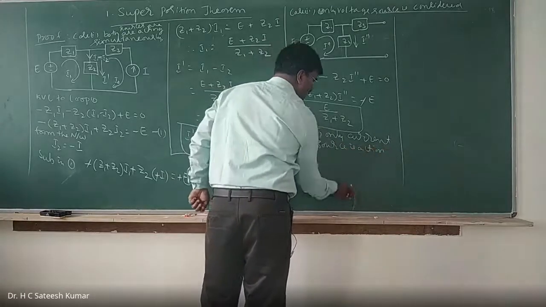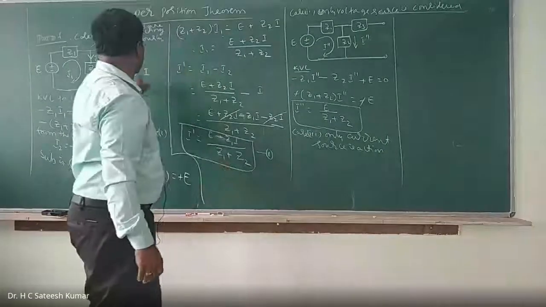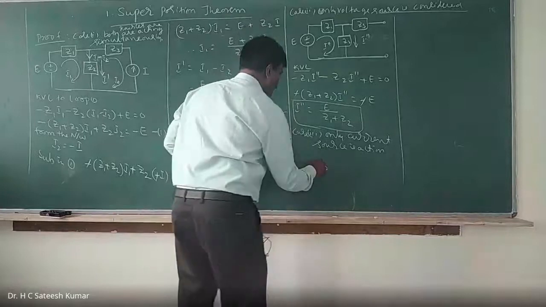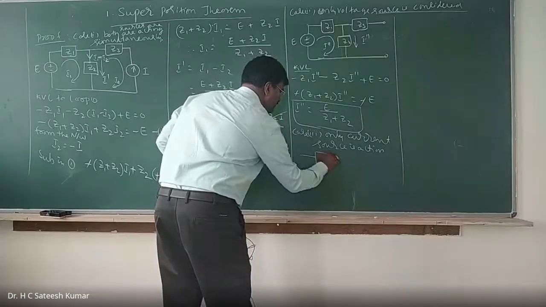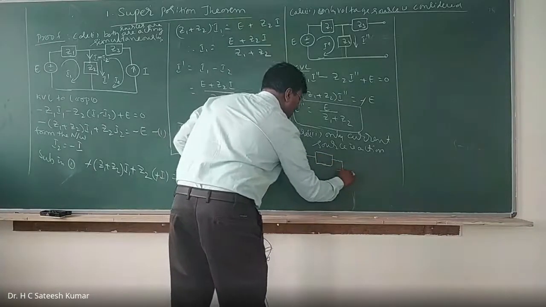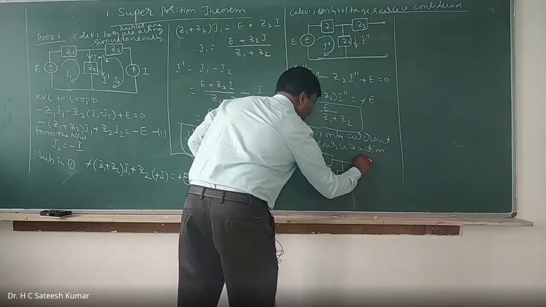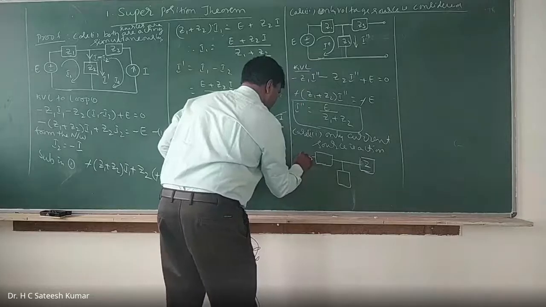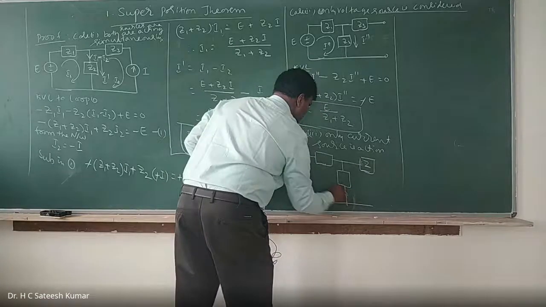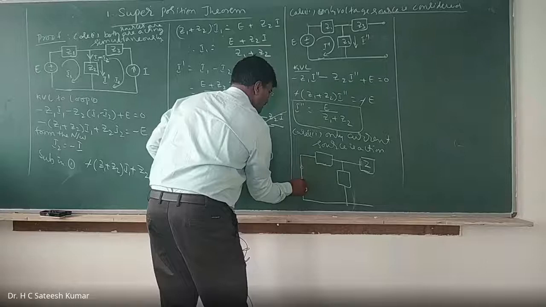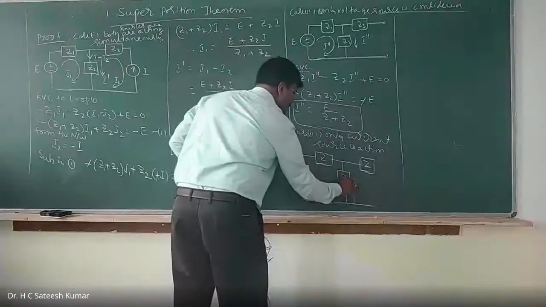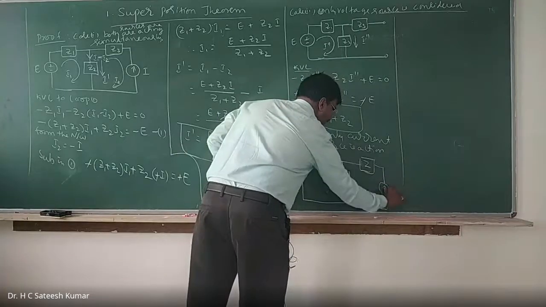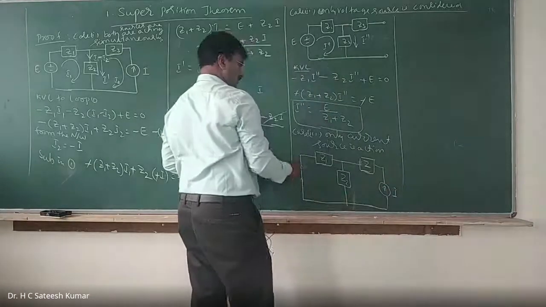Then what is the current in this particular response? When the current source is acting, the voltage source is made short circuited. Voltage sources are made zero by short circuiting. Z1, Z2, and this current source you keep as it is. Call it I.